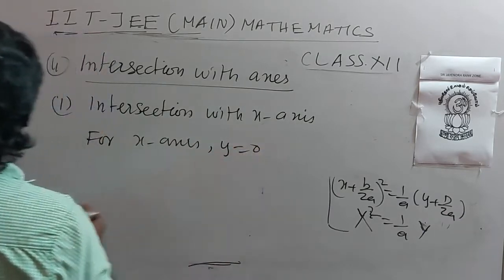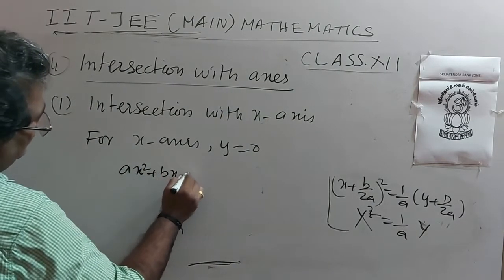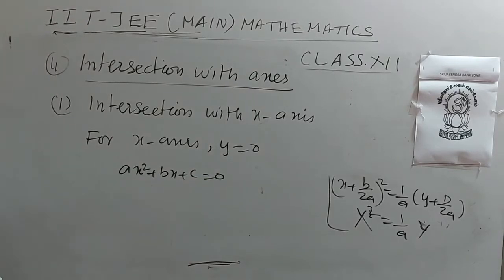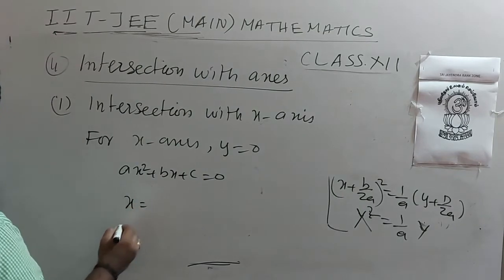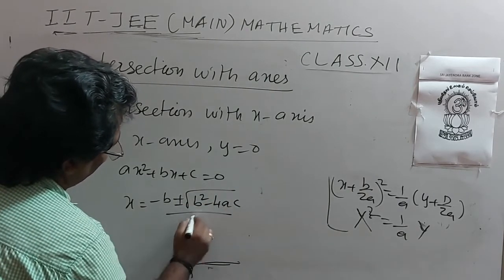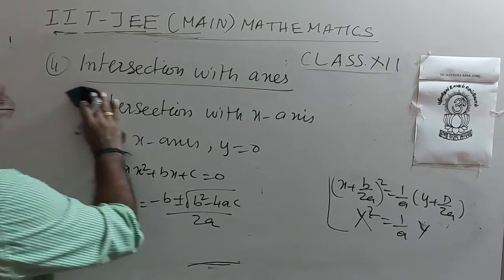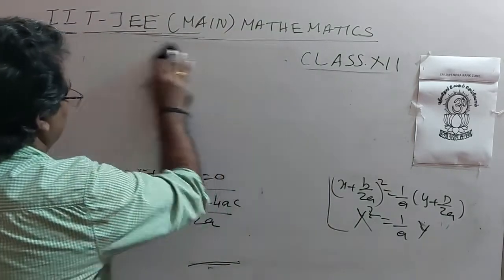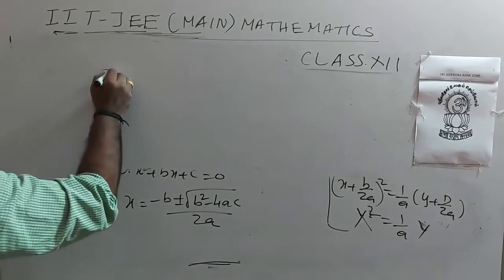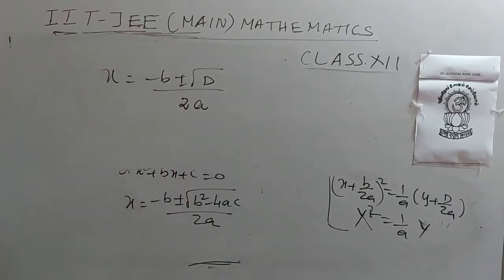For x-axis, y equal to 0, that is ax square plus bx plus c equal to 0. x equal to minus b plus or minus root of b squared minus 4ac by 2a. x equal to minus b plus or minus root of d by 2a.